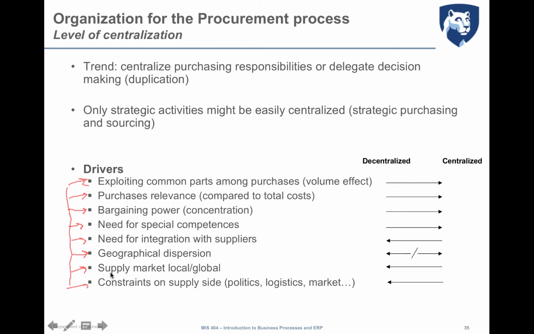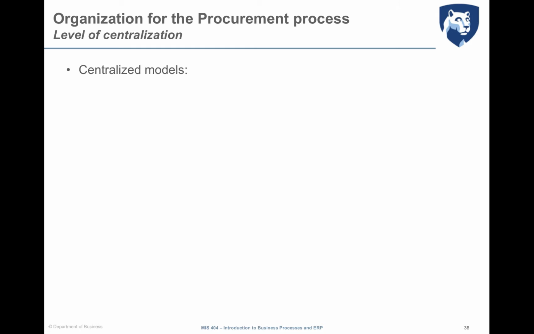If I want a supply market which is more local, decentralization is suggested. If I want a supply market which is more global, a centralized function is suggested. And finally, when there are constraints on the supply side, like the impossibility to move or implement a global sourcing strategy, centralization pays back. But just to realize the idea, what does it mean, centralized or decentralized?